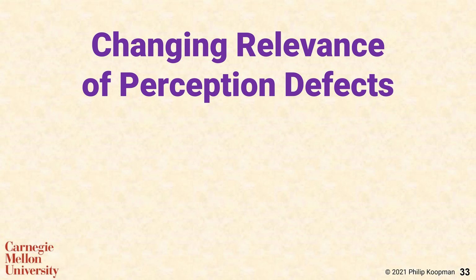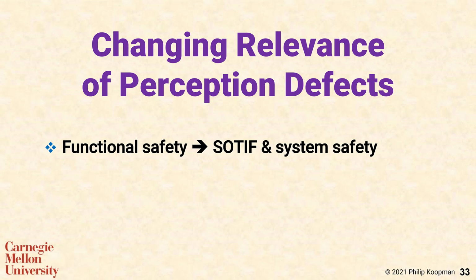Getting perception right is very difficult, and we see a transition from functional safety, which is worrying about internal faults, to SOTIF and system safety, which have to do not only with internal faults, but with gaps in the system's design because it's simply never run into a situation before, and imperfections in external sensors due to noise and lost signals and dirt and weather conditions and other degradations that will inevitably happen that the system has to be able to at least recognize are impairing its ability to build an accurate model of the outside world.